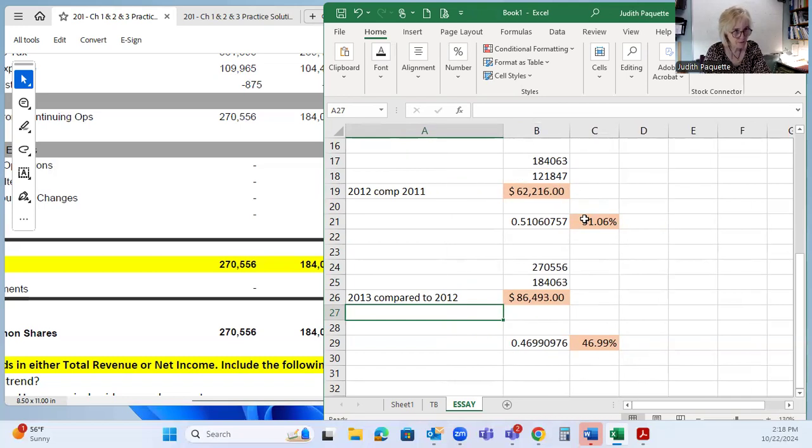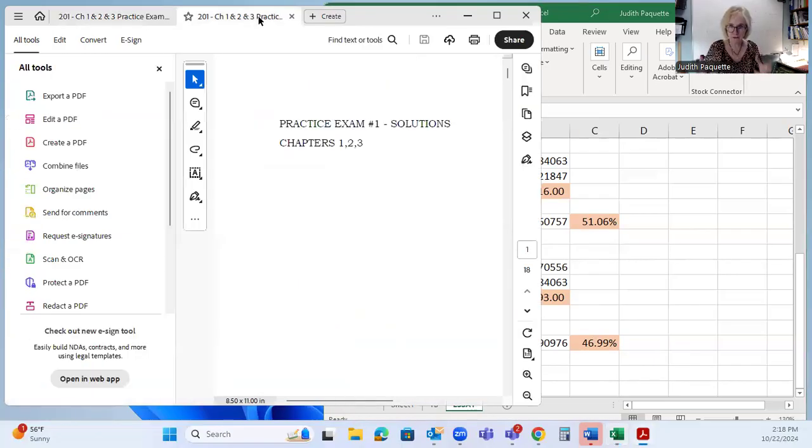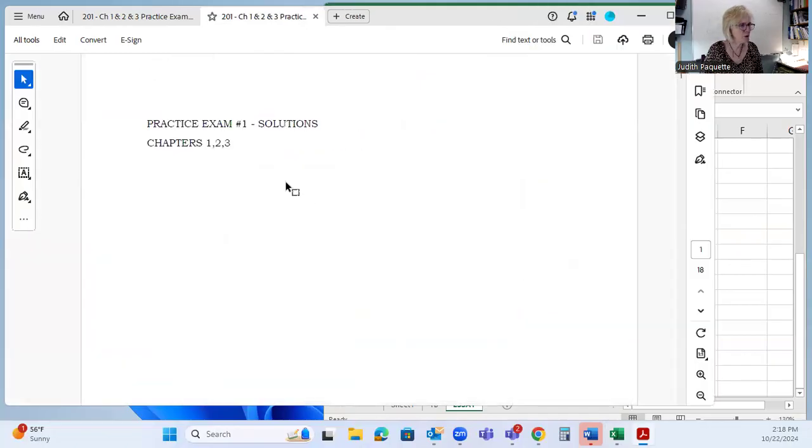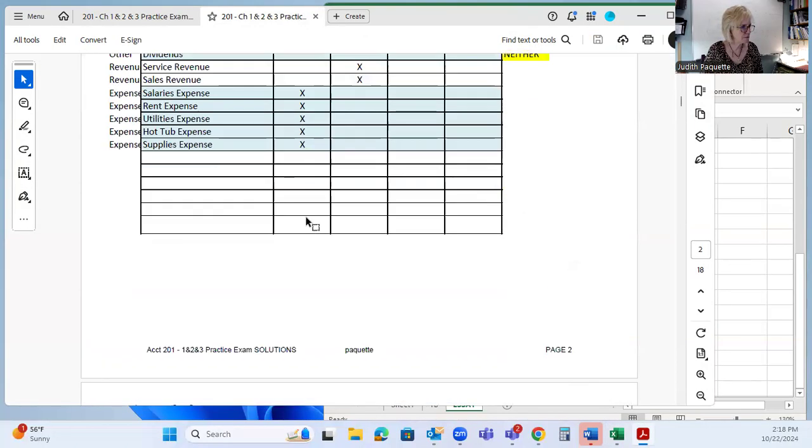Dollars went up. Percents are really, really high. No company can sustain this high level of growth. But you rightly noticed, Shani, that the growth rate went down. So first you have to calculate the dollars and the percent change. And then let's look at the solution and say, what do I want?